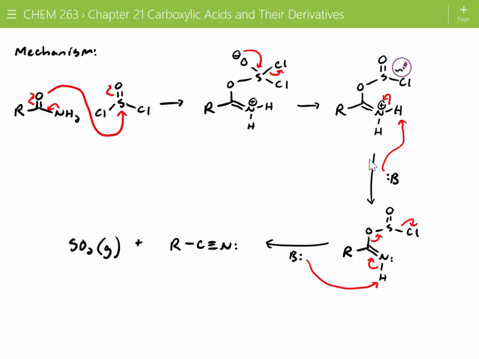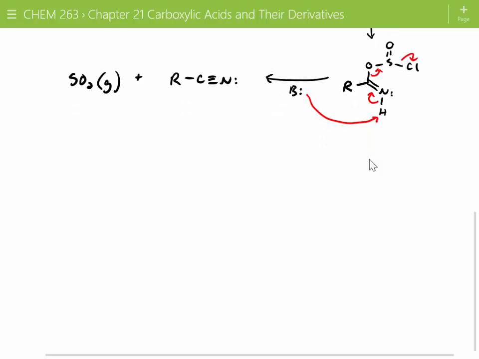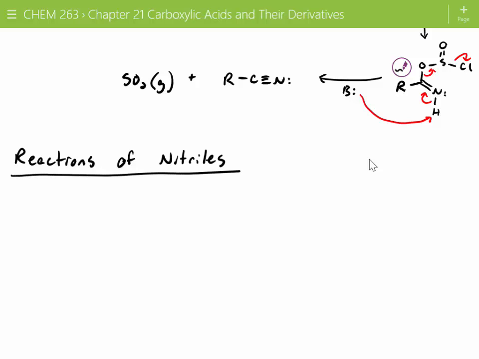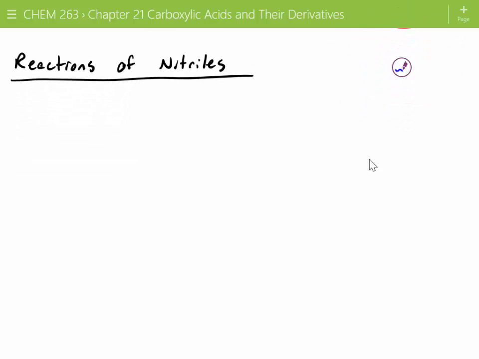Okay. So we've seen 2 different ways to prepare nitriles. You can either do it from acid or alkyl halides, or you can do it directly from an amide. But let's see what we can do with nitriles. So the first reaction is, again, hydrolysis.